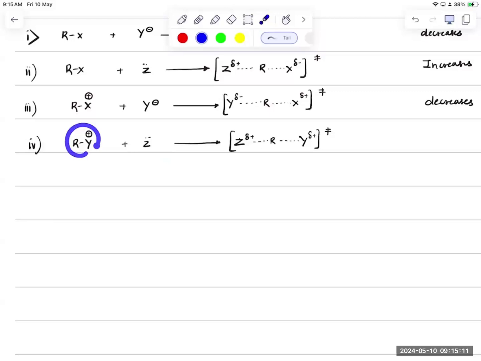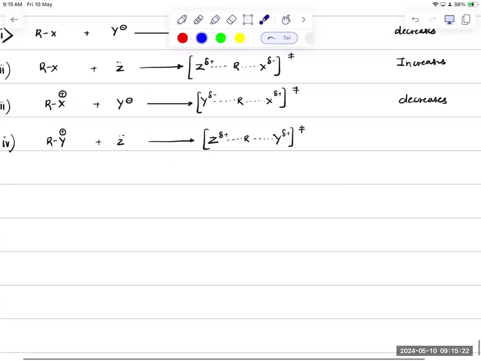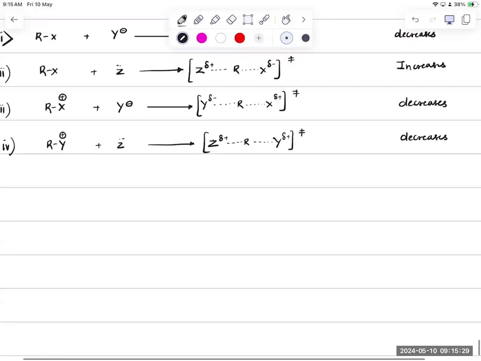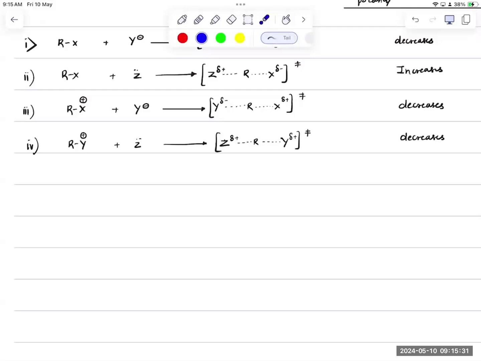Now, as the polarity increases, it is easier to break Y plus, because water will surround this. When water is surrounding it, the bond between R and Y will start breaking more easily. So instead of this nucleophile going and attacking here, the solvent itself will go and attack this one. Therefore, the rate due to this nucleophile decreases.